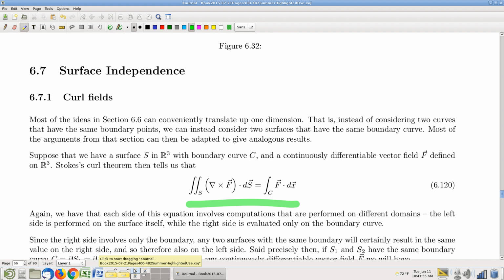Hey, here's a weird observation. There's something special about curl fields. That's a trick field. These fluxes are defined by a summation that happens over the entire surface. It takes the whole surface, right? And this says that even though this summation takes place over the entire surface, we can actually do the calculation instead just on the boundary.